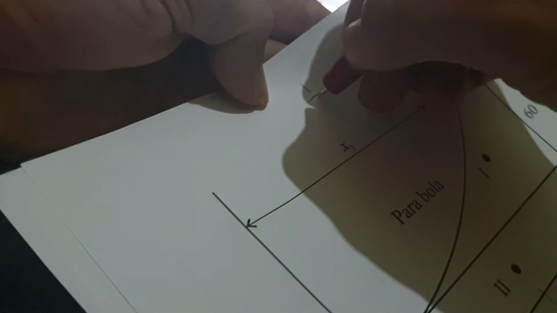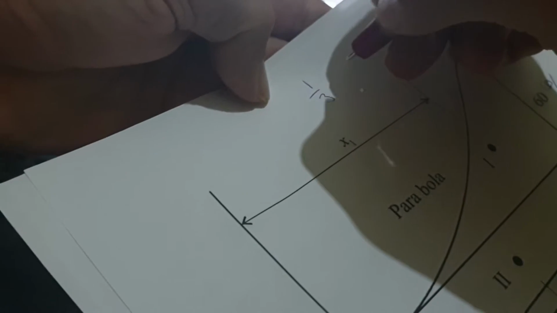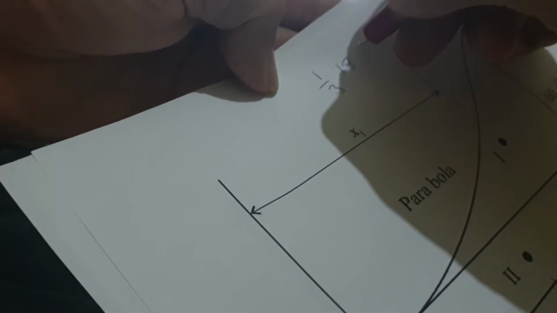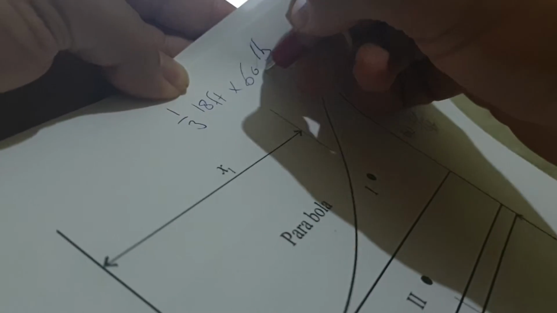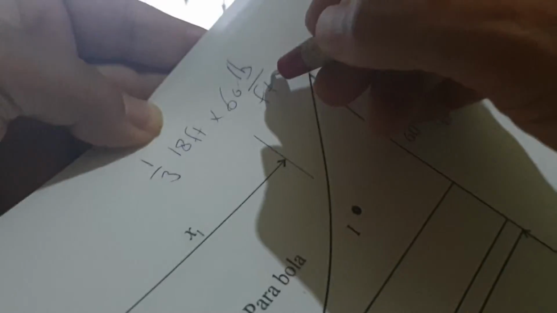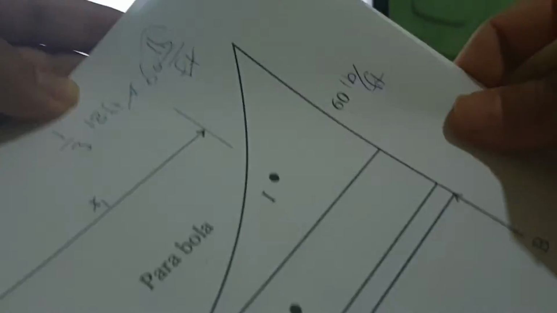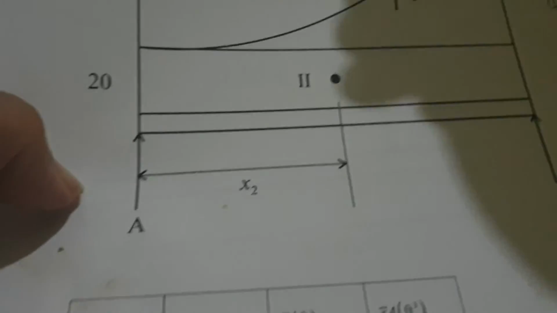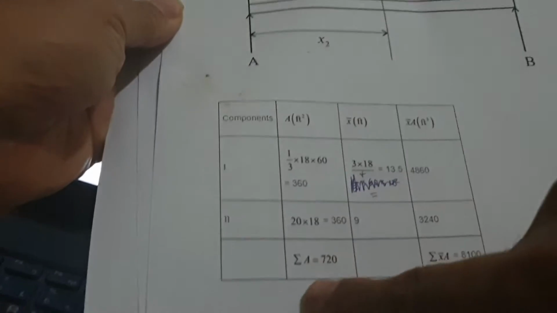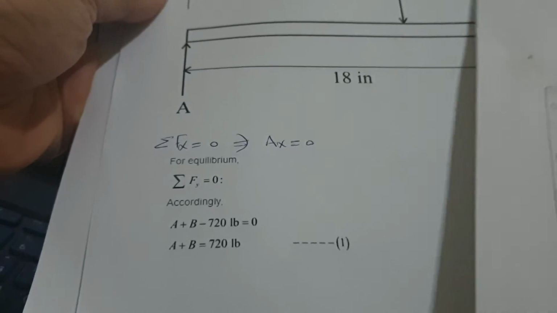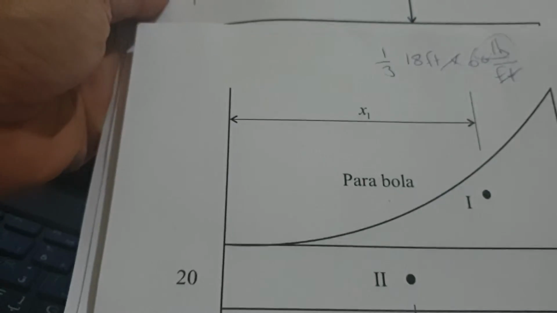So if you multiply 1/3 times 18 feet times 60 pounds per feet, feet with feet, you will end up with pounds. So the area is the actual loading. So the summation of the area, 720, that is the resultant loading, 720.